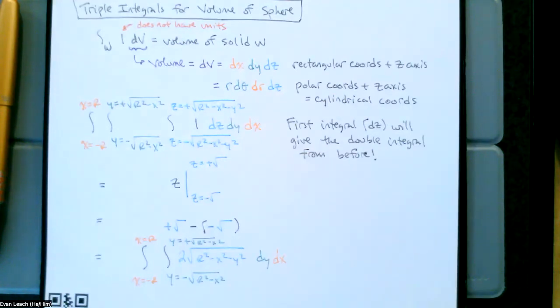Since cylindrical coordinates are just polar coordinates plus a z-axis, we do almost the same thing for our cylindrical coordinate triple integral.